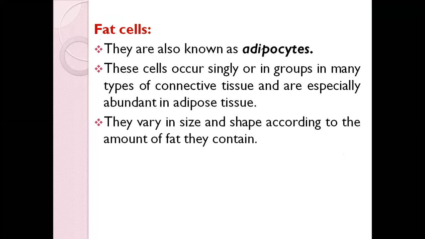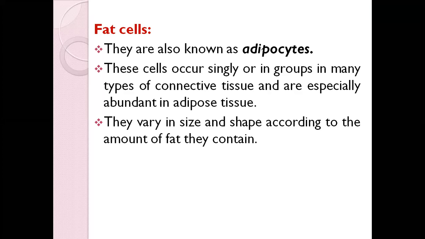They vary in size and shape according to the amount of fat they contain. If they contain more fat, their size will be big, and if they contain less fat, the size of these fat cells will be less. So they are also known as adipocytes, and they might be in a group or single, singly attached to the connective tissue.